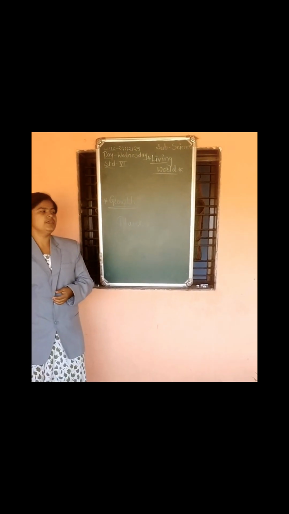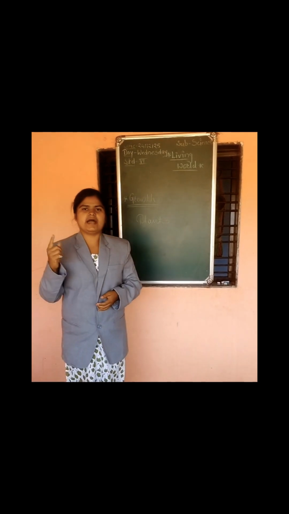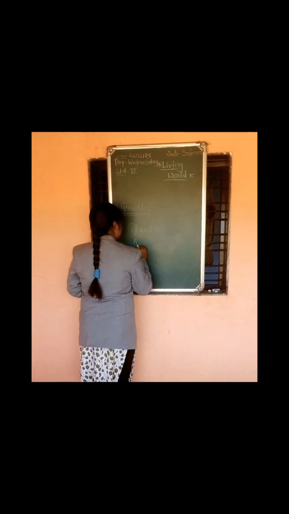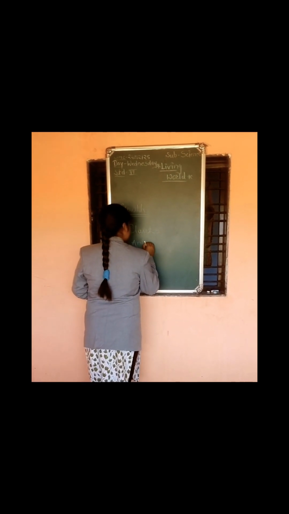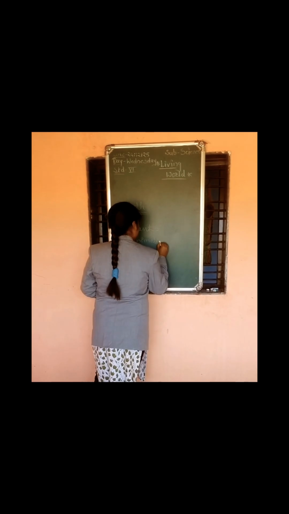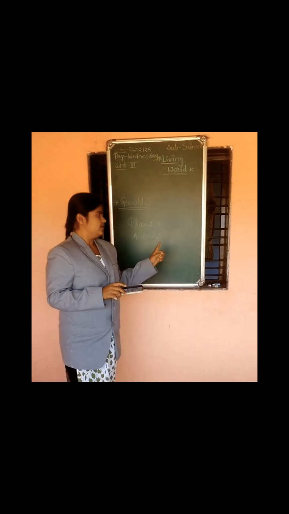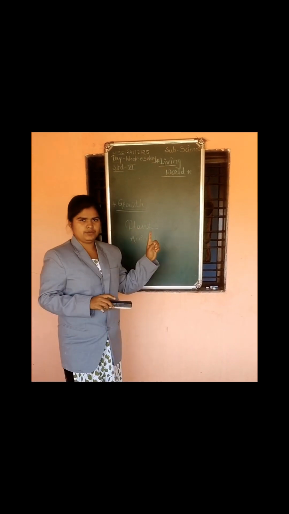It means human beings also have the property of growth. It means they are living things. So animals are also showing the property of living things. So today we studied the property of growth.